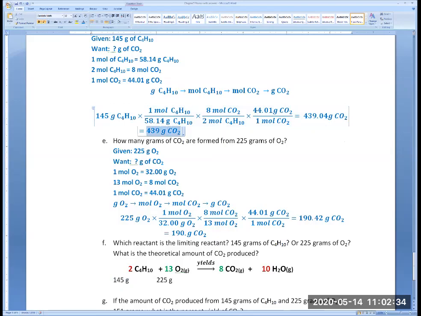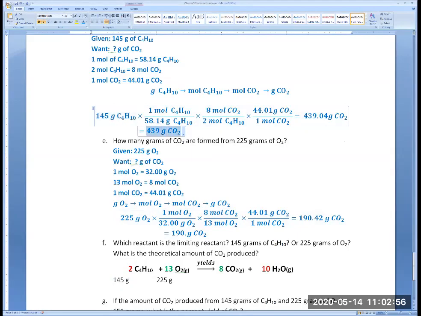And so that's the amount of CO2 that 145 grams of C4H10 would produce, right? If you have enough of everything else, right? According to the reaction, if you had more than enough of oxygen, this amount of C4H10 would produce that amount of CO2.